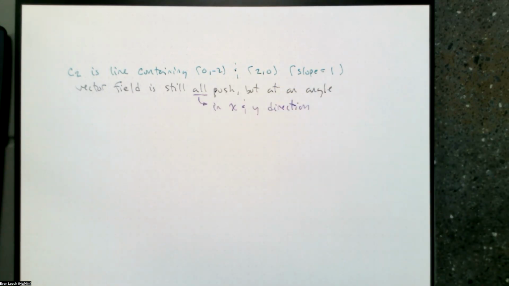The vector field agrees with the direction of the path in the x direction and agrees in the y direction. But the vectors themselves are at an angle. One's at a slope of a half, the other one's at a slope of 1. So there's a 15-degree difference in the two directions, but generally they go the same way.